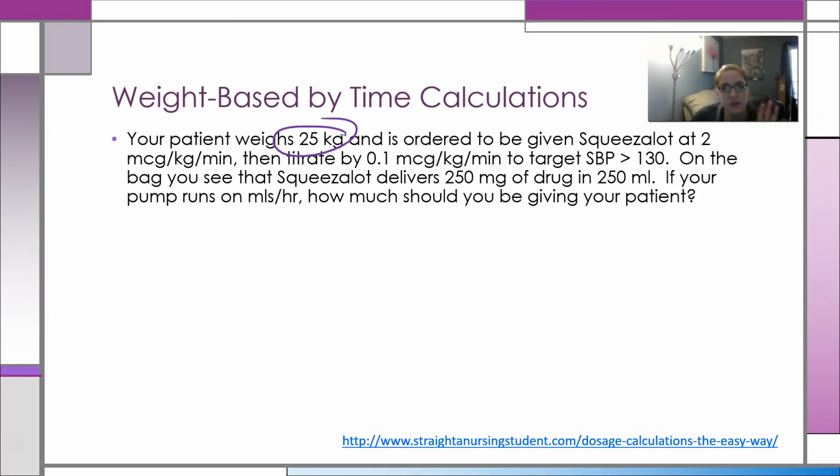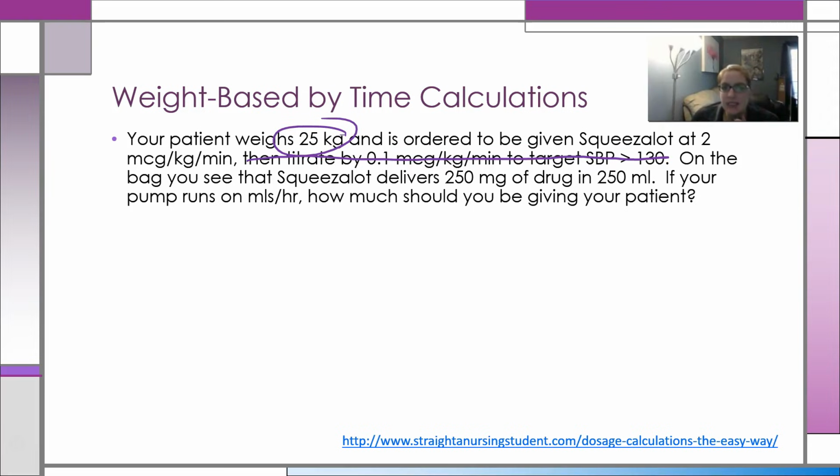That can be a little confusing, so we'll come back to that. Then titrate by 0.1 micrograms per kilogram per minute to target SBP greater than 130. We're going to ignore all this. I don't care about this. Great, ignore. I just care about the order, the supply, and then the weight for weight problems, and then any conversions I need to do to get between them.